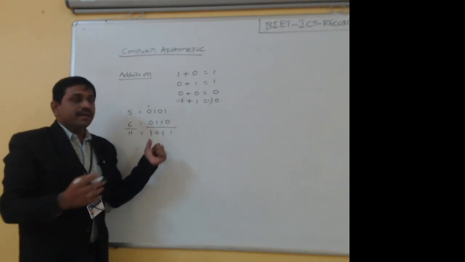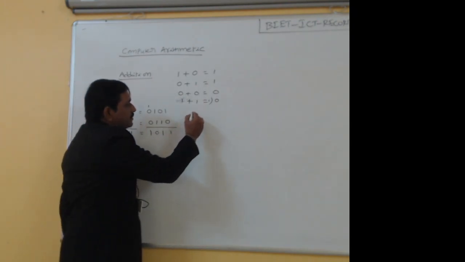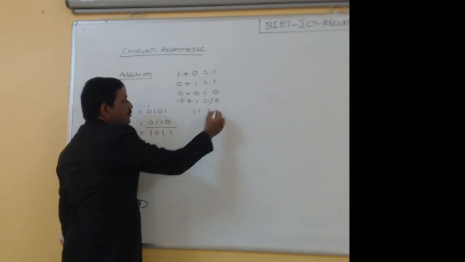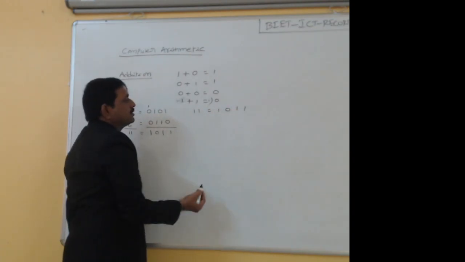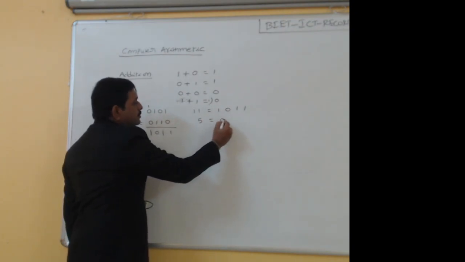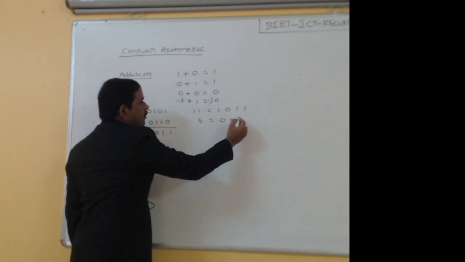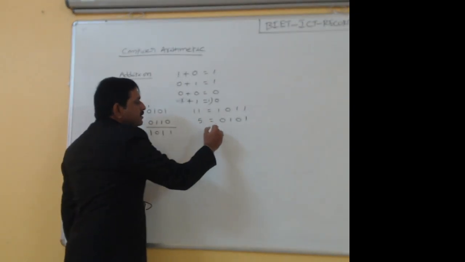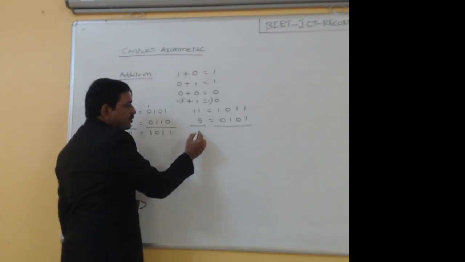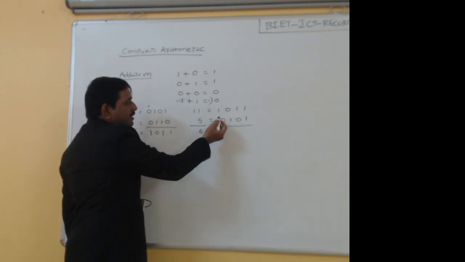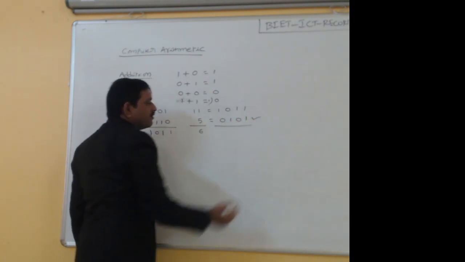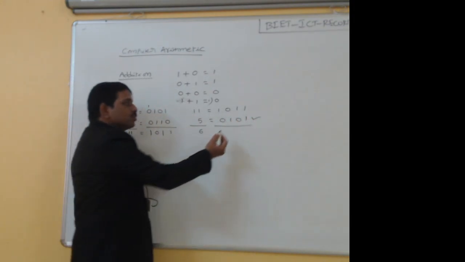Next, the same with subtraction. Suppose 11 minus 5. We know 11 is 1011 and 5 is 0101. This is equivalent to 11 minus 5, which we know is 6. By subtracting, we take the 2's complement of this value.